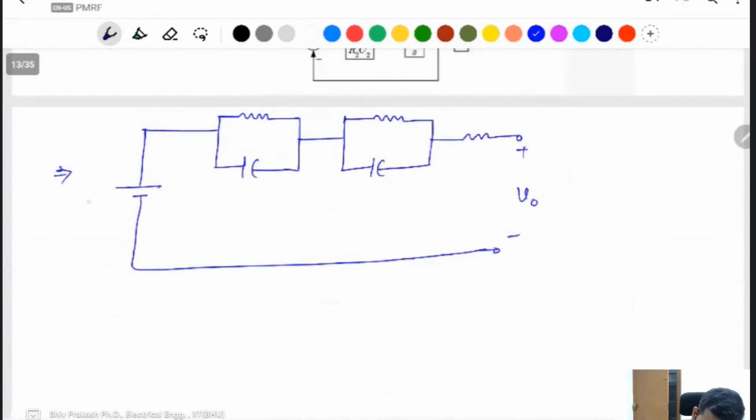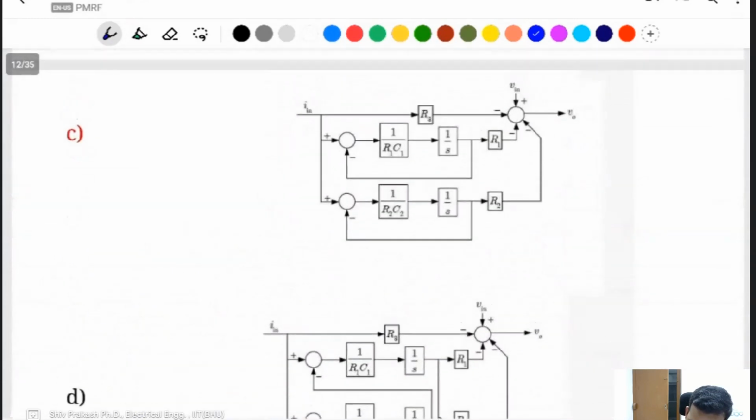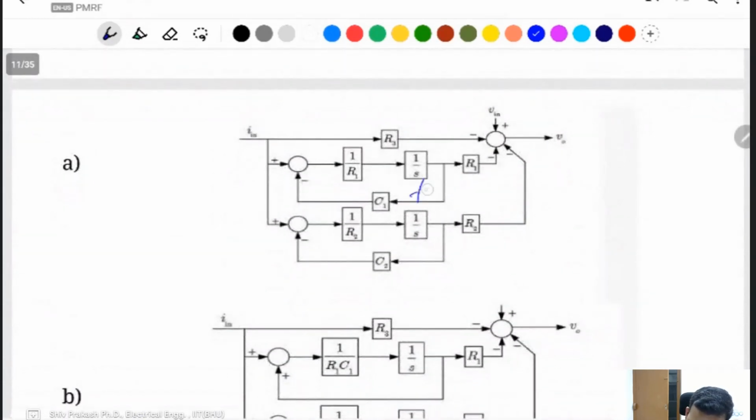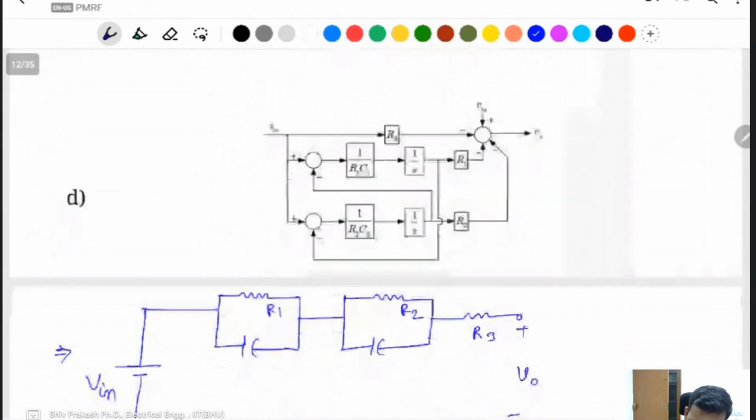This one is V in, this is the V output voltage. This one is R3, R2, and R1. If you want to draw this, transform to Laplace, because all quantities in the answer are given in the Laplace (frequency) domain.